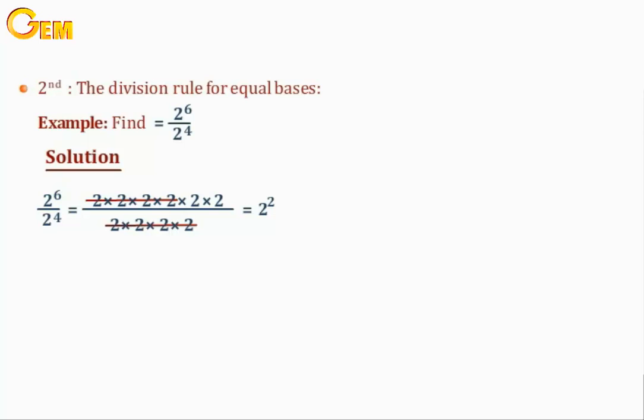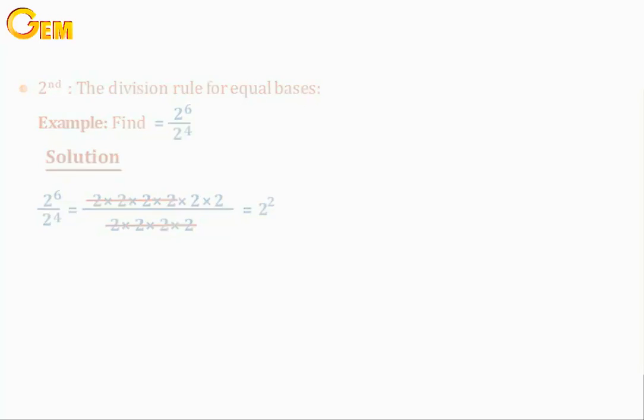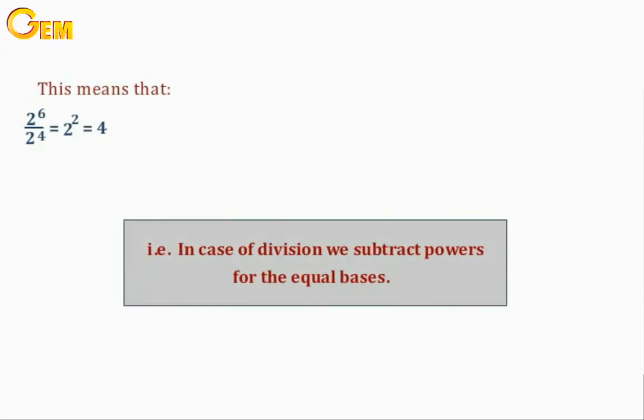And 2 to the power 4 equals 2 times 2 times 2 times 2. This means that 2 to the power 6 divided by 2 to the power 4 equals 2 to the power 2, which is 4. That's to say, in case of division, we subtract powers for the equal bases.